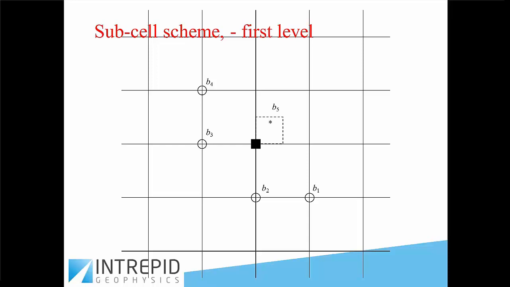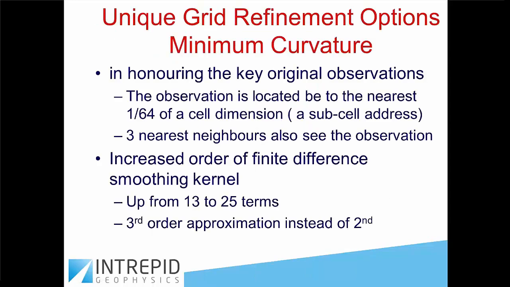honouring the observations strategy. What we've done in extending the technology is not only have the observation influence the immediate nearest centroid, but the three others in the vicinity, and that's an extension that Intrepid have implemented in their gridding technology. So this is a unique grid refinement option to our minimum curvature algorithm.